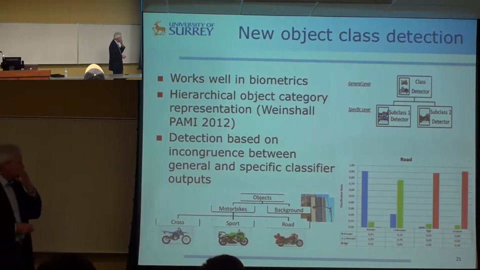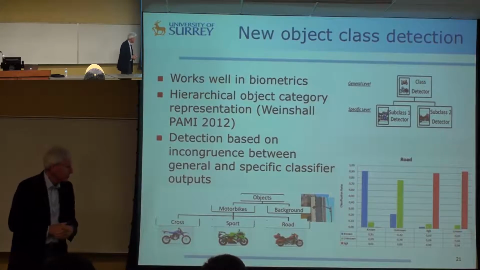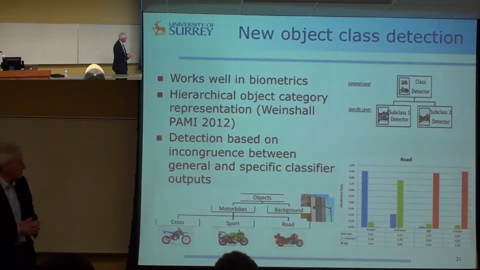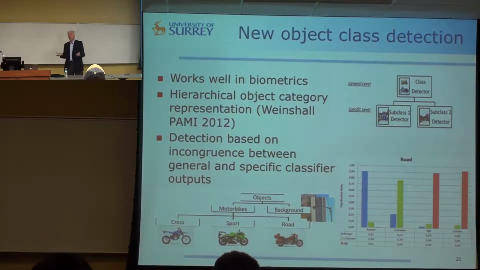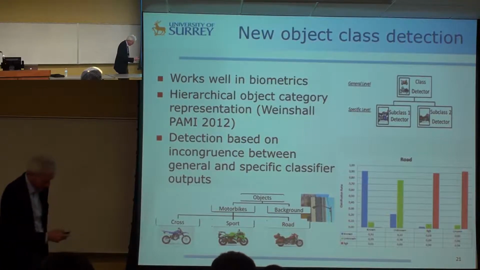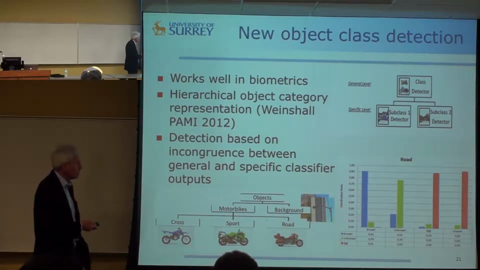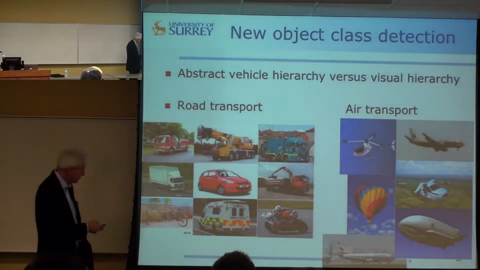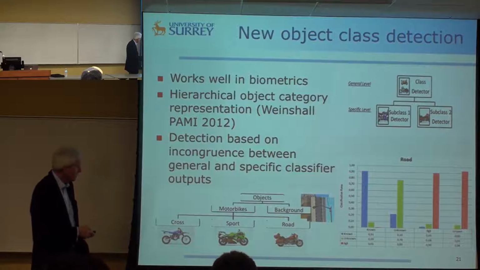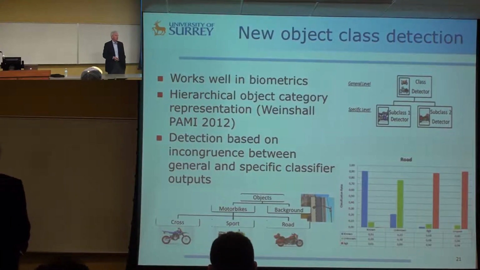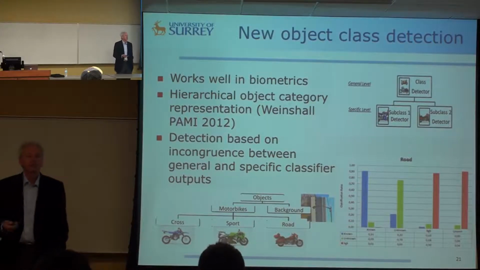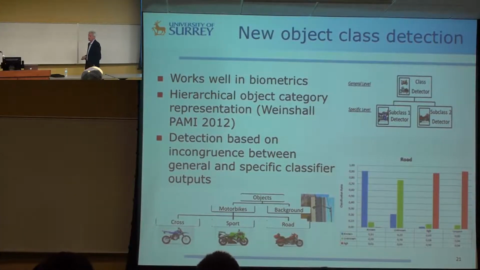So, for instance, in their project, they demonstrated the use of incongruence in detecting a novel type of object. They had an experiment where they had a generic motorbike detector, and then they had specific motorbikes. At the second level, they had classifier motorbike detectors.